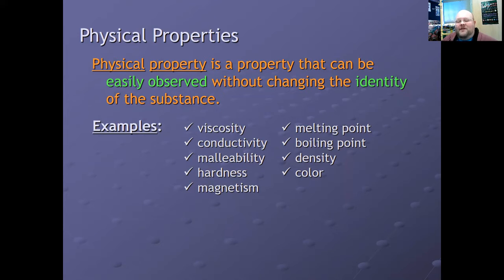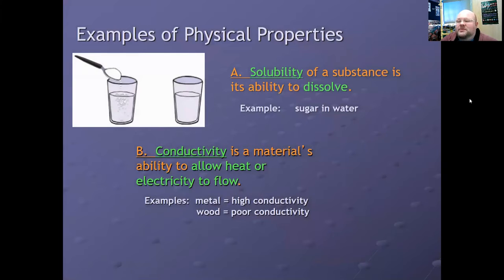Like if you were to look at the atoms and molecules or compounds or whatever under a microscope, they would be exactly the same. If you were to mess with them and change them, they would not change. So physical properties are observed, and you can't change the identity of the substance by changing them. Now, some examples, solubility, the ability of something to dissolve like sugar in water, that is a physical property.